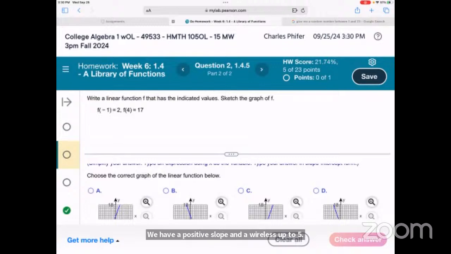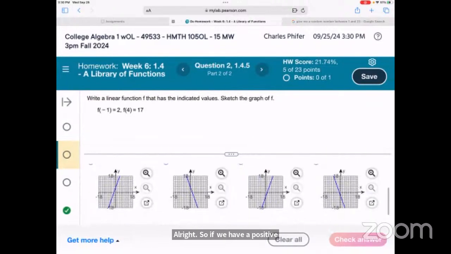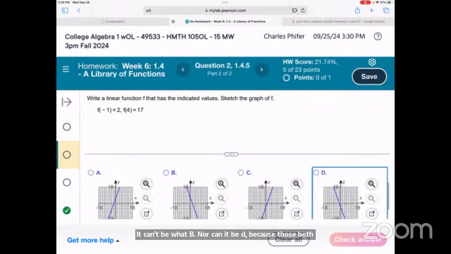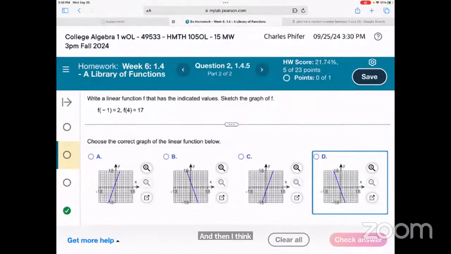So if we have a positive slope, it can't be B, nor can it be D, because those both have negative slopes. And then I think C has the wrong y-intercept. It has a negative y-intercept where it should have a positive y-intercept. So by process of elimination, I'm going to go with A.